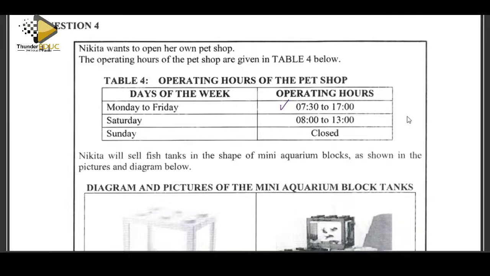We shall say 17 hours minus 7:30, and here you get 9 hours and 30 minutes. Then, what about the Saturday? It's from 8 to 1. So how many hours are those?